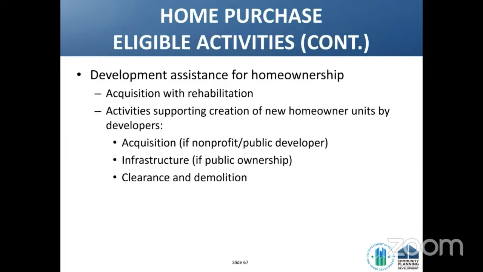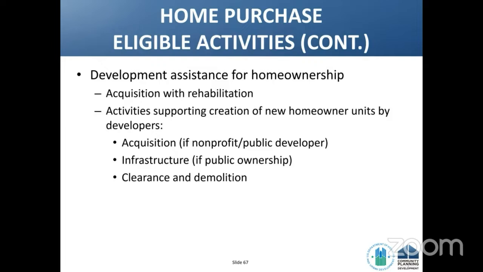Infrastructure costs, the cost of installing the water, the sewer lines that will go to the units, and the plumbing and other things that are built down into the foundation and extend to the street, that connect. All of those things can be CDBG assisted, but as it states here, it's very important that the property be in public ownership, which means either owned by the grantee or a nonprofit entity.